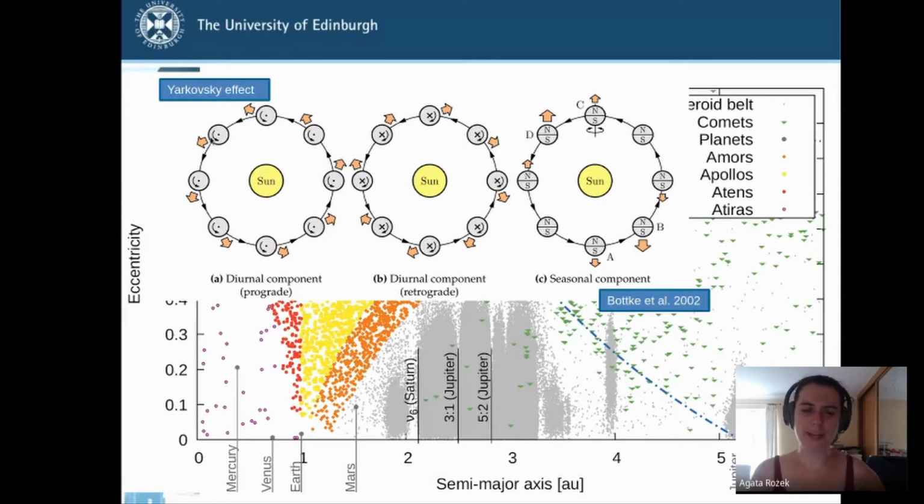When the body rotates, one side gets heated up, and then as that heated up side moves away from the sun, it starts re-radiating the heat, and that heat creates a little push that can cause the orbit to either expand or shrink.